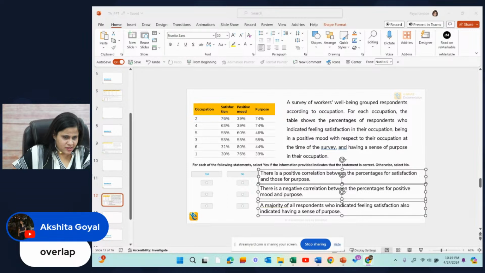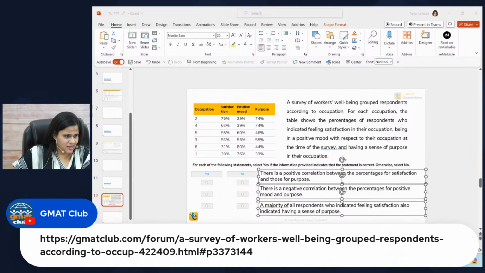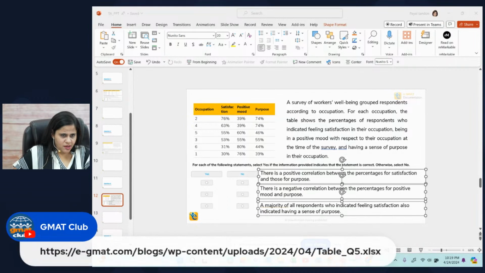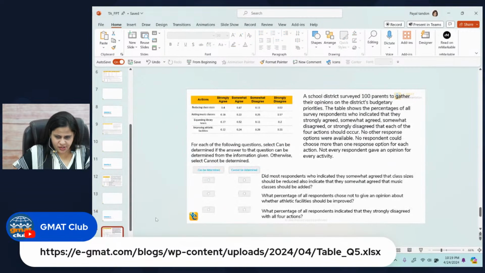So you can look at this solution in detail later on once you're done with this session. All right. So now let's solve this question. And I have shared with you this link here, right? Table number 5. And here is the question, last question in this session. There you go.